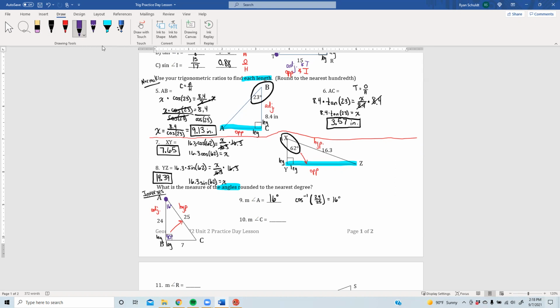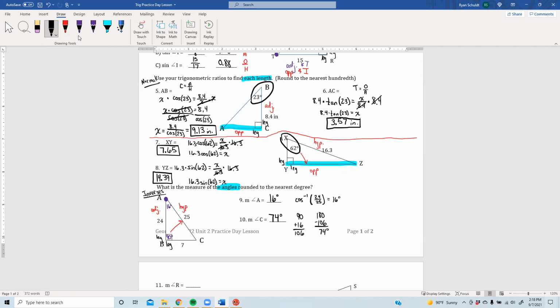So I could actually say, well, to get C, I'll do 90 plus 16. Gives us 106. And then subtract that from 180. And that's going to get you 74 degrees. So measure of angle C has to be 74 degrees.